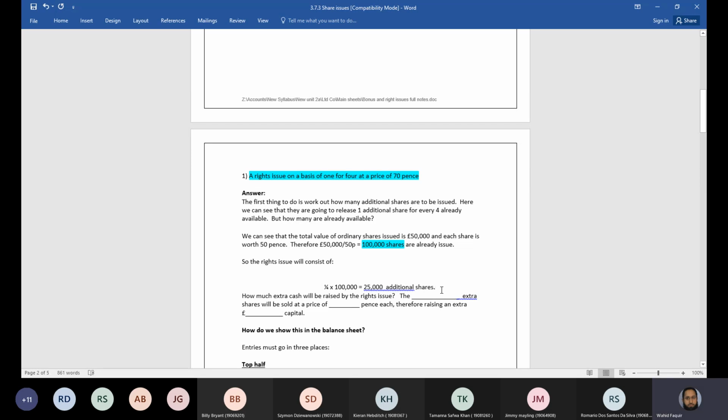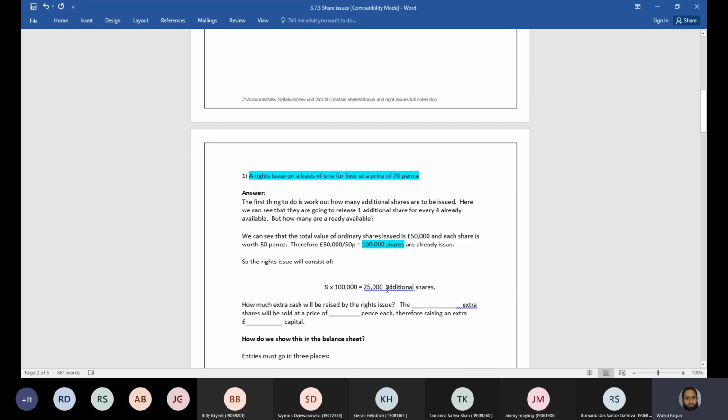How much are they selling them for? 70 pence. How many are they issuing? 25,000. Therefore, the capital raised is that. Oh, by the way, apologies. In that box, they want 25,000 first of all. They're breaking it down into a very simple way of doing it.